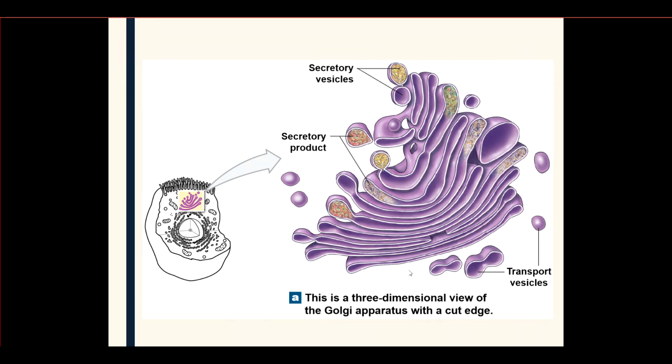So this face right over here is known as the forming phase. Right? That's where the trucks, again, the transport vesicles, are dumping the material into the Golgi apparatus over here.